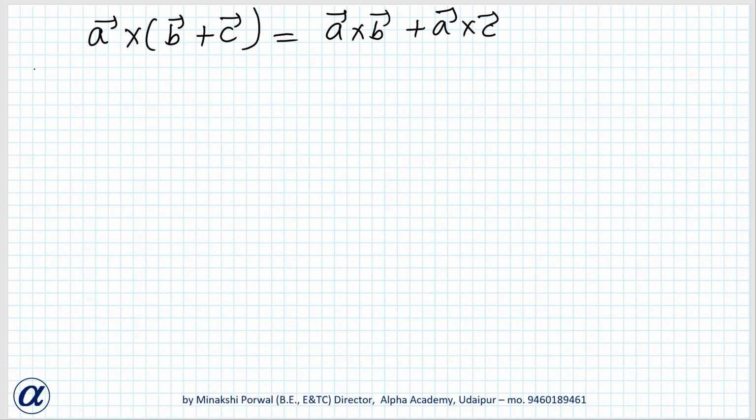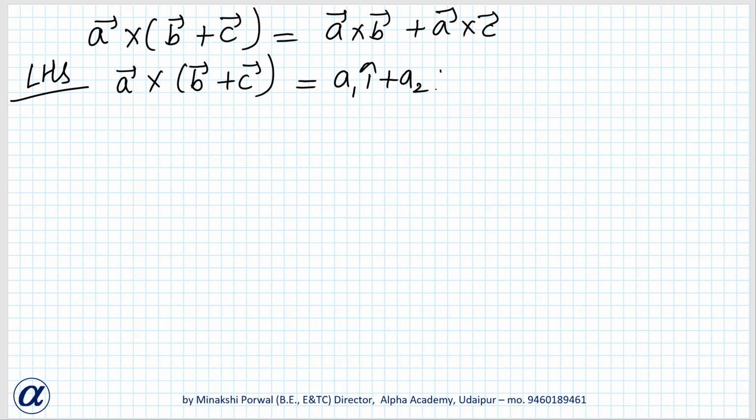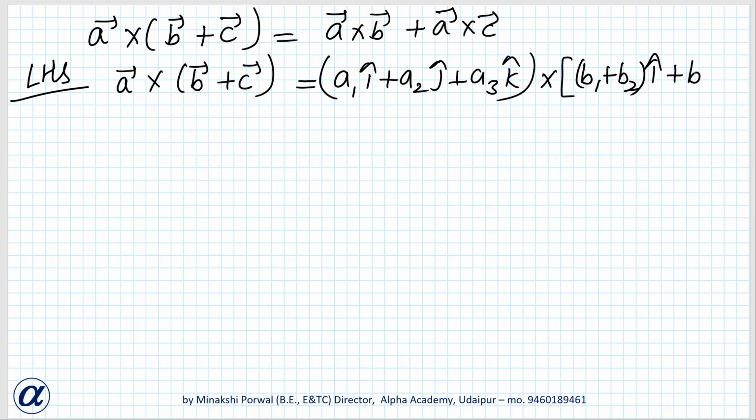So first of all, we'll take LHS. A × (B + C) is equal to A, which is A1i + A2j + A3k, its cross product with B + C, vector B plus vector C, that is equal to (B1 + C1)i + (B2 + C2)j + (B3 + C3)k.